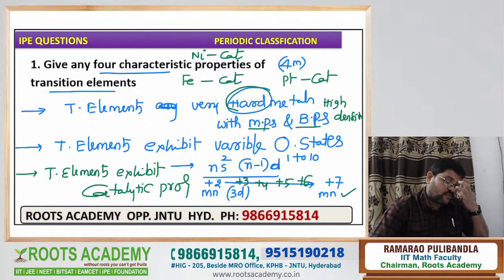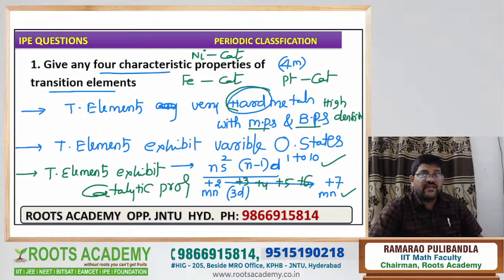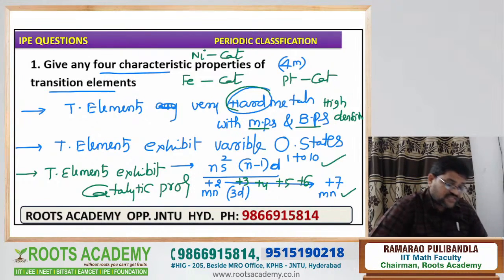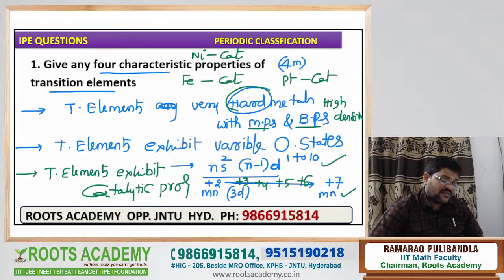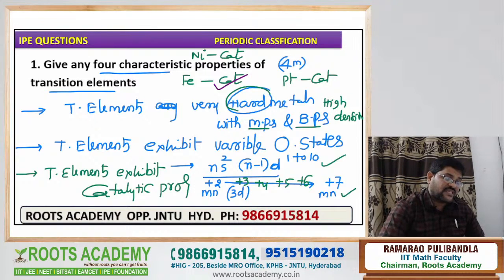The second point: the transition elements exhibit variable oxidation states because of the incompletely filled configuration. Third point: they exhibit catalytic properties because of the variable oxidation states. Iron is used as a catalyst in the synthesis of ammonia by Haber's process, platinum in the synthesis of sulfuric acid, and nickel in hydrogenation of oils.